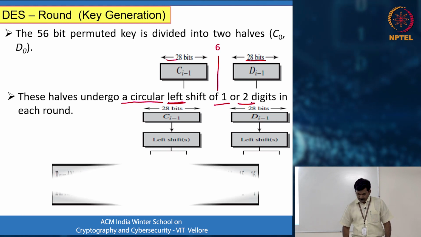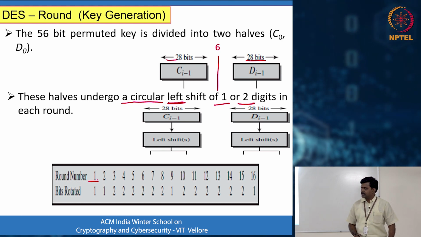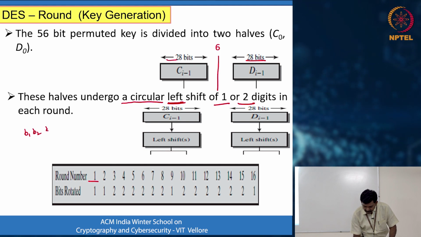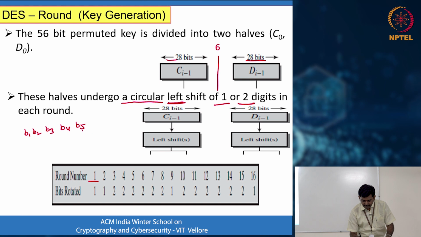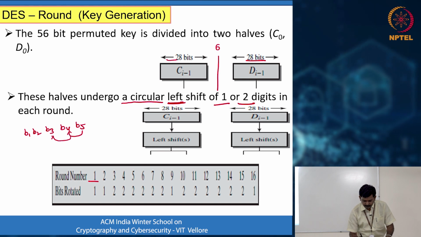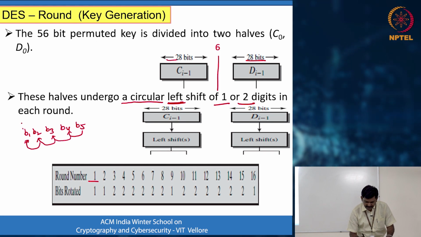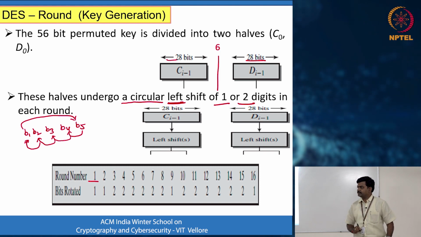Imagine I am in round 1, I shift to the left. Imagine these are my bits: bit 1, bit 2, bit 3, bit 4, bit 5. What I do is a left side 1-bit shift, and it is circular, if it is round 1.